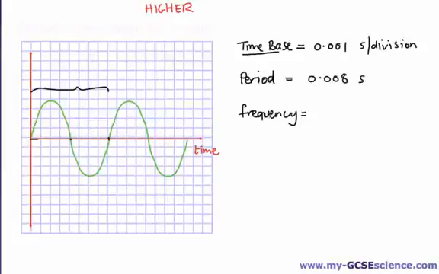So that means one cycle takes that much time. Now how do we work out the frequency? Well, again, it's 1 divided by the period, which is 0.008, and that gives us an answer, I believe, of 125 hertz. Remember to get the units right on both of these calculations. So the frequency for this one is 125 hertz.